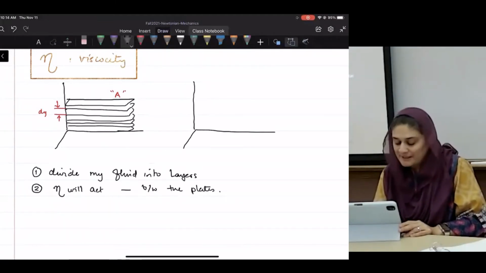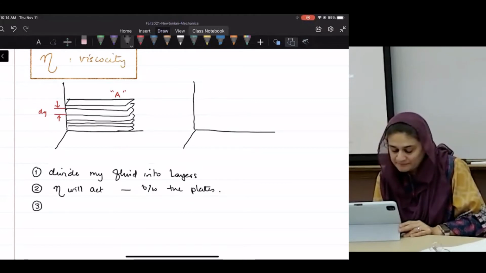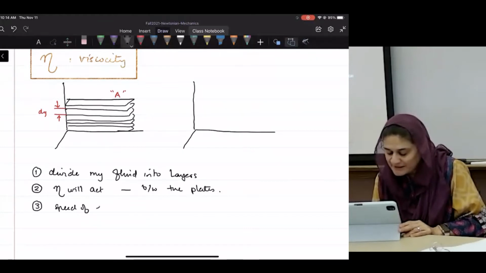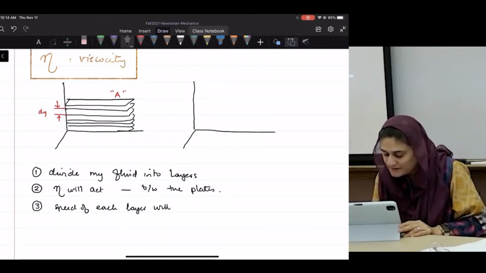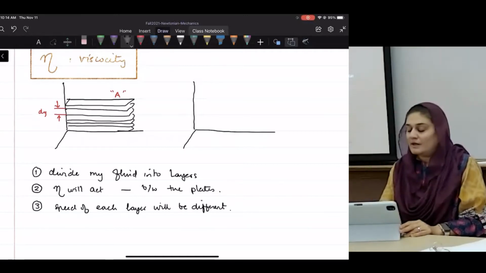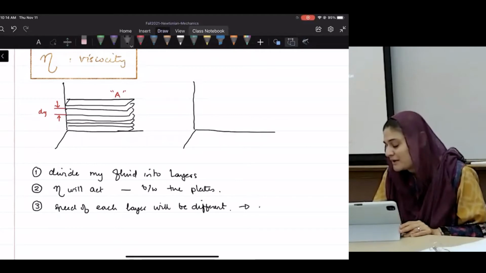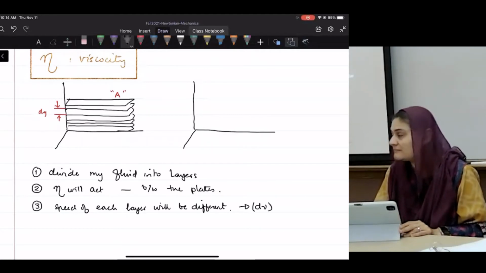And I'm going to say, number three, the speed of each layer will be different, and it will be different by an amount delta V.